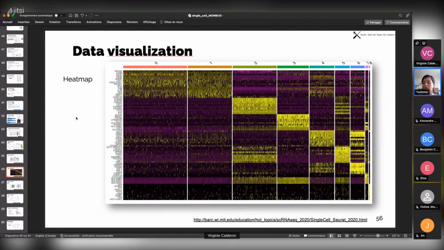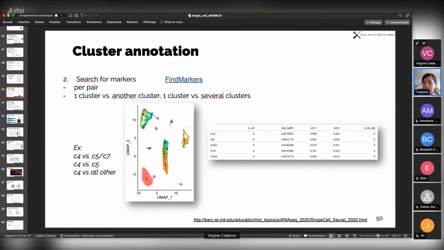Okay, perfect. And on page 50, you were talking about the percentage of expression. Here you're just showing 2 clusters, but I'm wondering if we have other clusters and we need to see if the gene is expressed in different clusters. Yeah, if you are performing analysis against all the other cells, the percentage here will be difficult to use, because it will be difficult to reach 50% expression, for example.